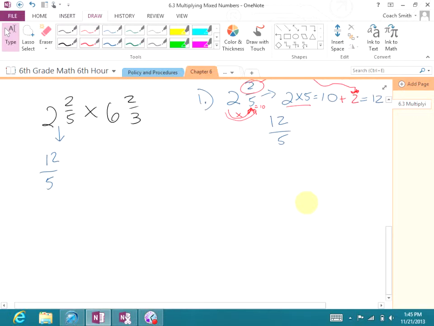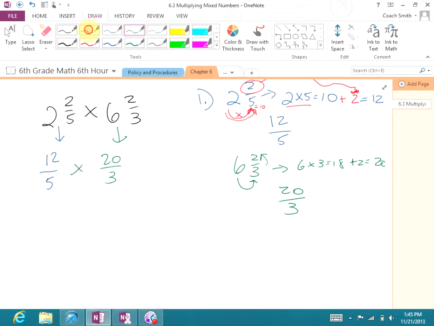All right, now the other one is 6 2/3. I got to change it, so I'm going to go 6 times 3. So 6 times 3 is equal to 18. Then I'm going to add the 18 to the 2. So that would be 18 plus 2, which is 20. And that's 20 over 3. So this is 20 over 3.